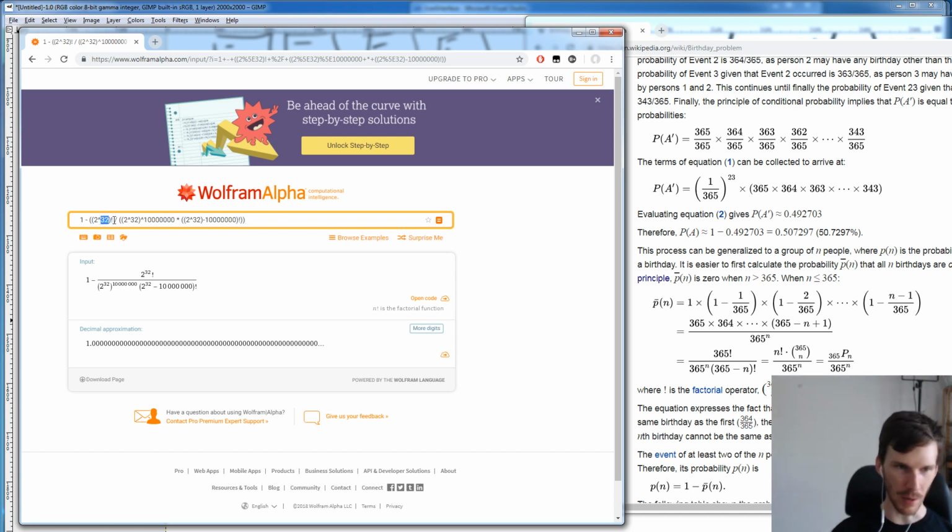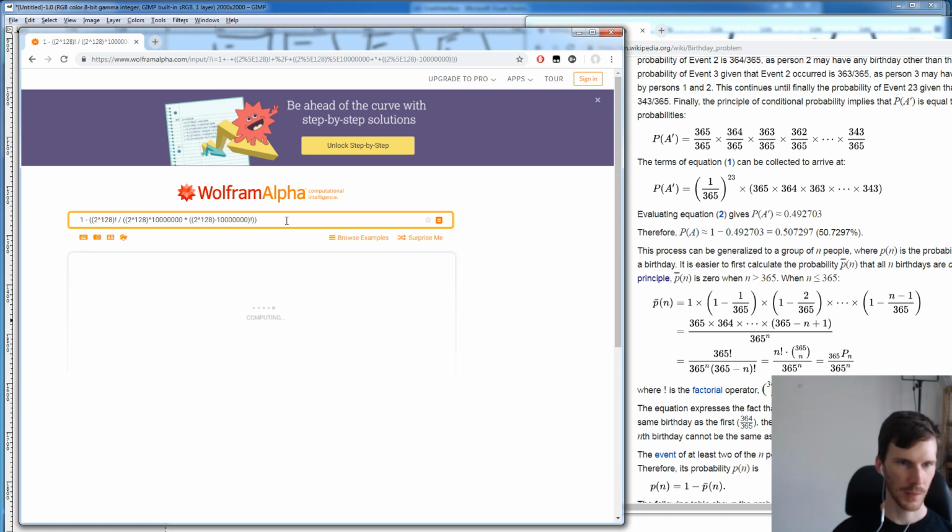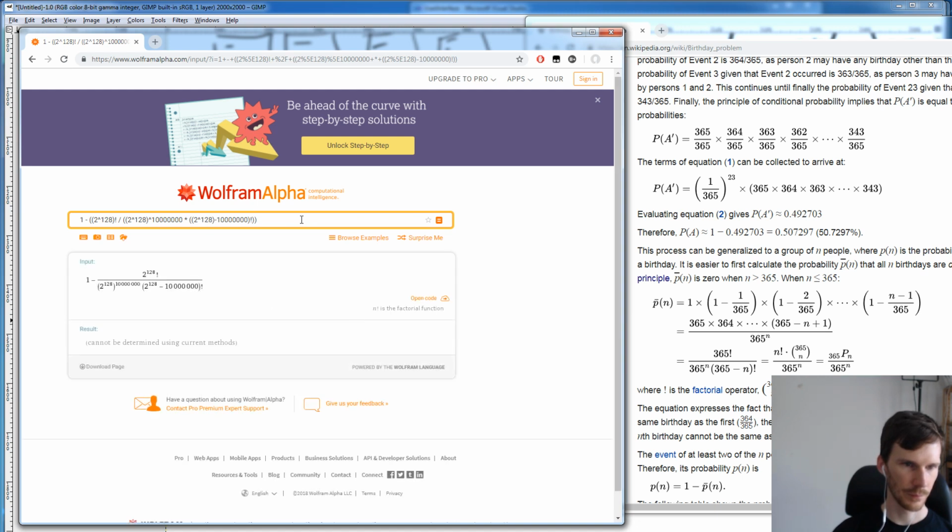Let's see if we can fix that by changing our hash. Unless Wolfram's made a mistake, that's also a possibility because these are huge numbers. I'd expect Wolfram to get this right, but who knows. So let's say we have a 128-bit hash. And let's see if that can cope.